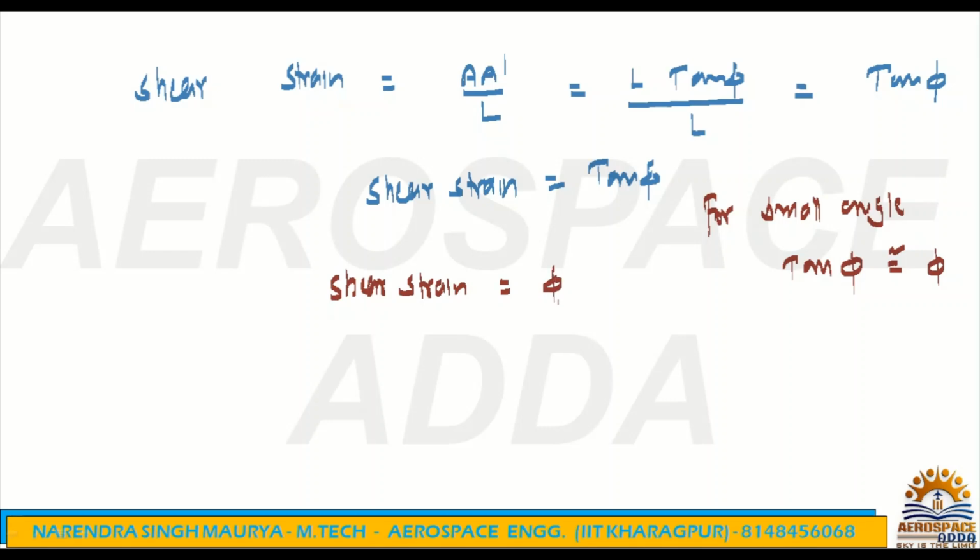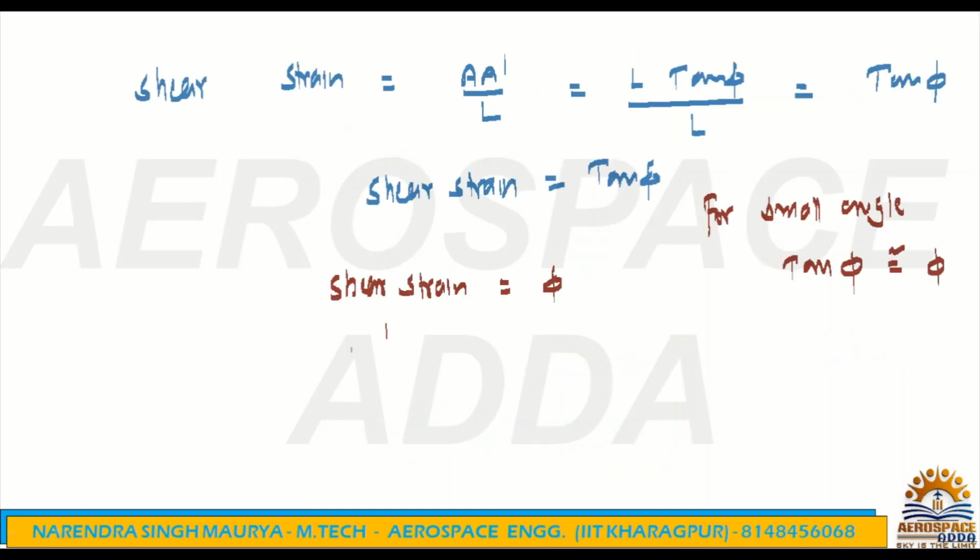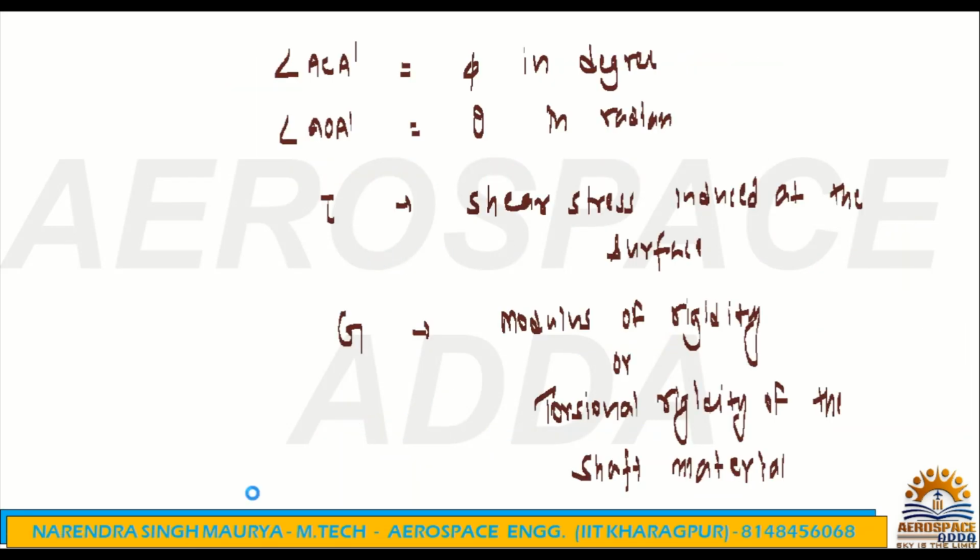Another formula: what is the shear strain? Basically you have AA dash by L, and AA dash by L is nothing but shear strain, and this value is nothing but phi now. Yes or no?